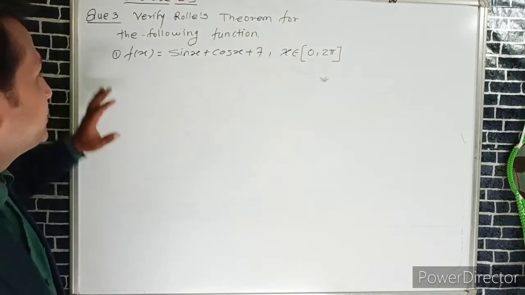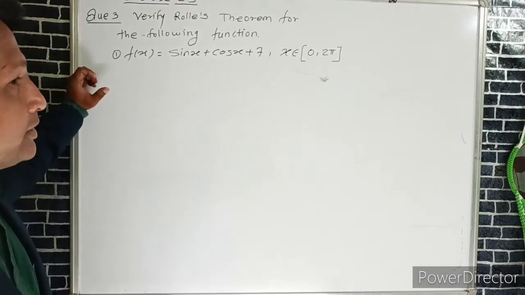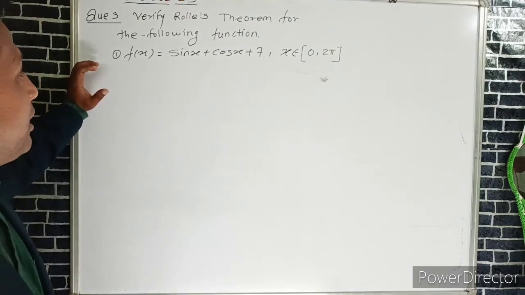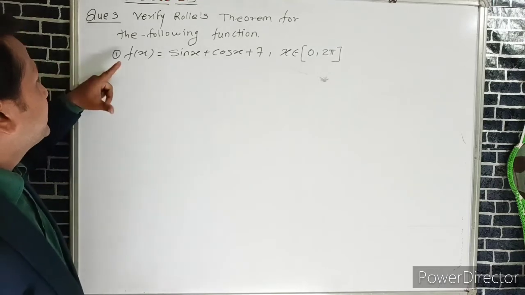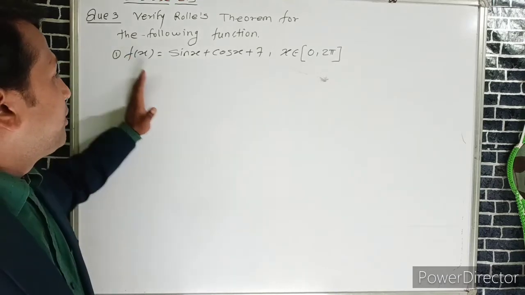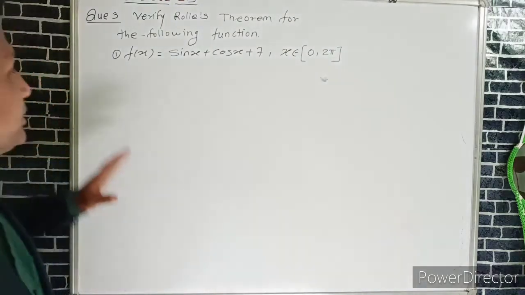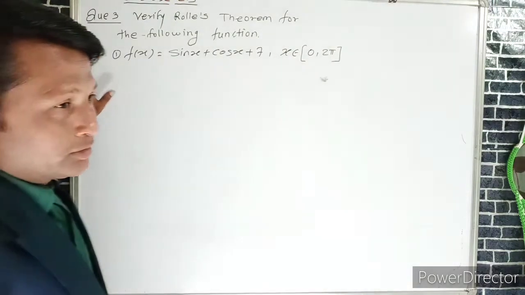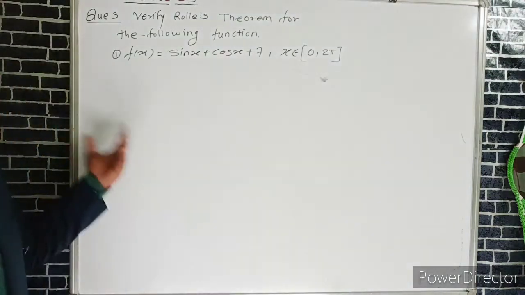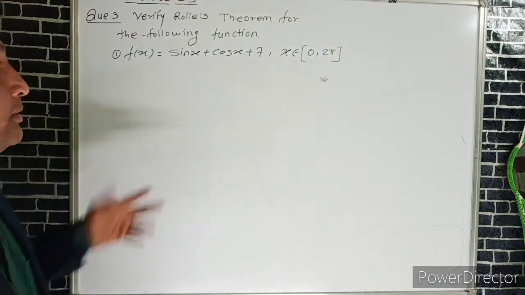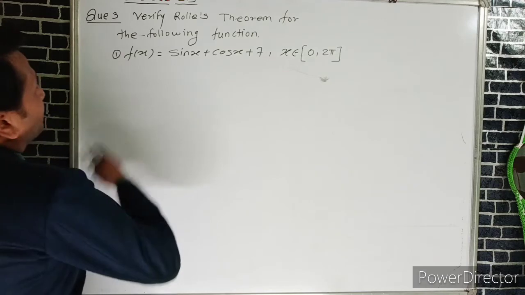So first we check whether the given function satisfies all the conditions of Rolle's theorem or not. If the given function satisfies all the conditions of Rolle's theorem, after that we can verify Rolle's theorem.